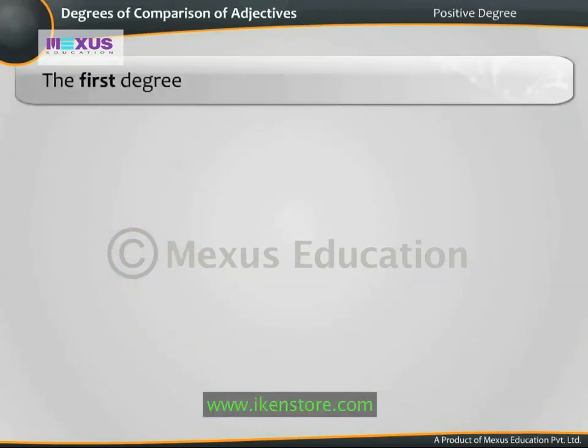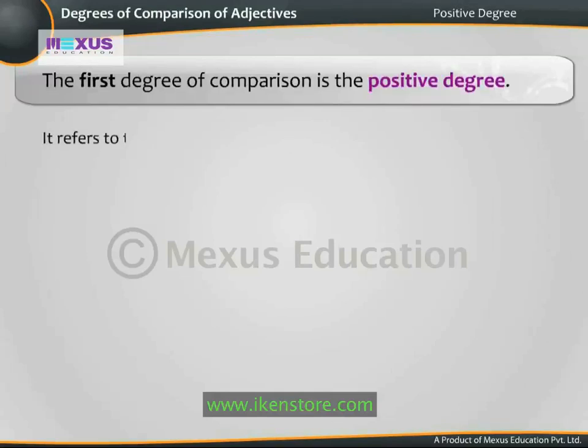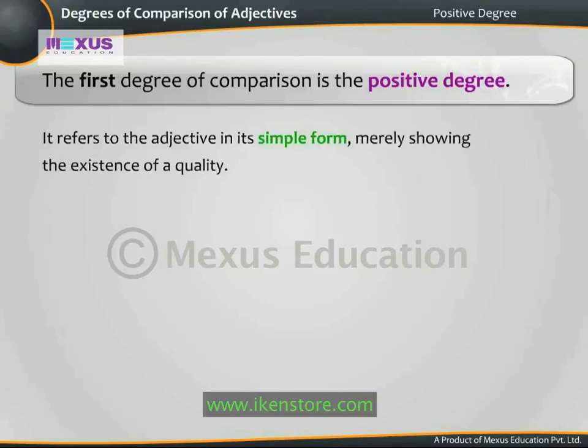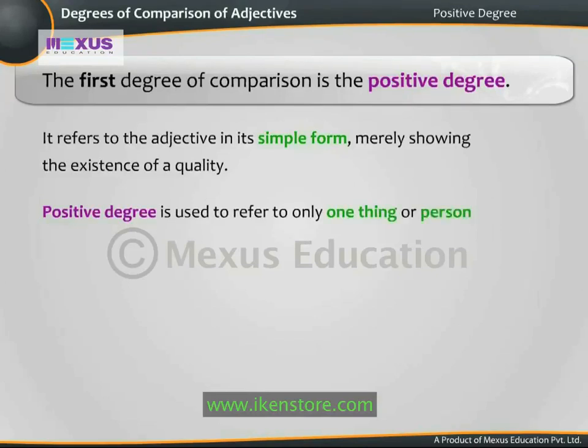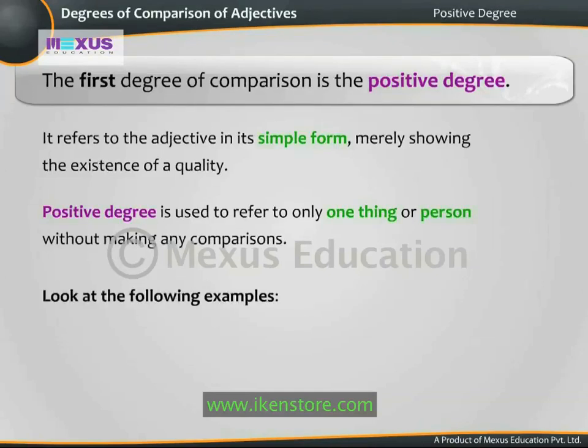The first degree of comparison is the positive degree. It refers to the adjective in its simple form, merely showing the existence of a quality. Positive degree is used to refer to only one thing or person without making any comparisons. Have a look at the following examples.